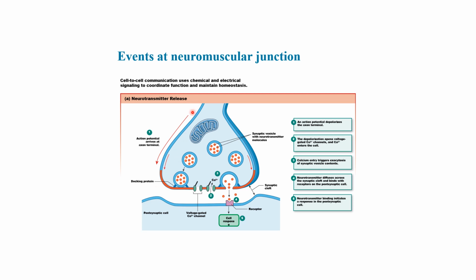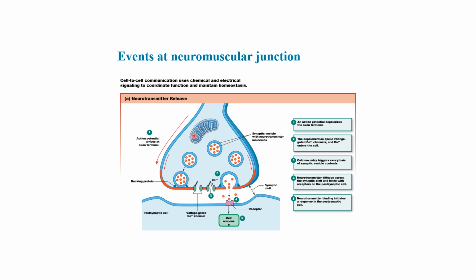Now, for us to start contracting our muscles, we have to send an electrical message, an action potential, and that action potential is going to make its way all the way down to the axon terminal.